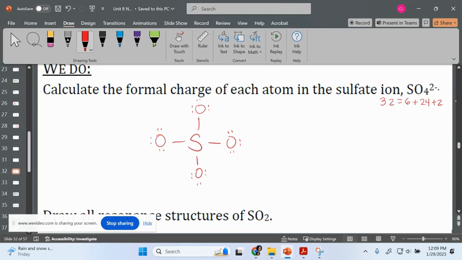Well, sulfur has a full octet right now. Yeah, everything has an octet. I need a bracket around it. Now, let's check our formal charge on this, because I think there might be a better way of drawing this.